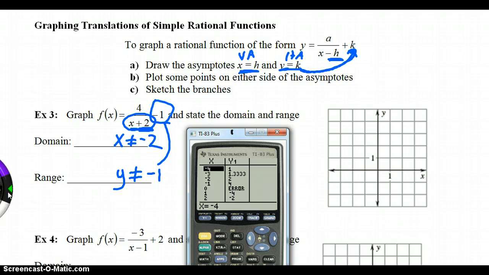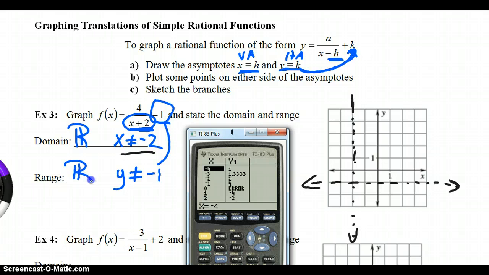So y cannot equal -1, and x cannot equal -2. So we're going to have these asymptotes where the curve gets closer and closer to. And when we state the domain, we'll say all real numbers but -2. And then when we graph this, we'll just have to be real careful that we put our parentheses in the right spot, and we'll get our 2 branches.